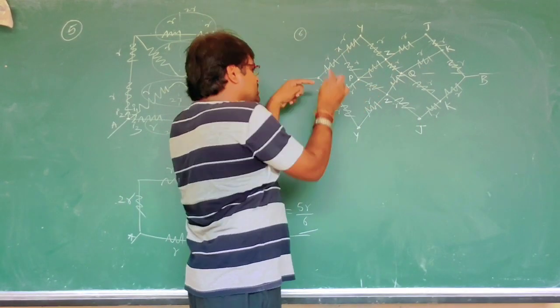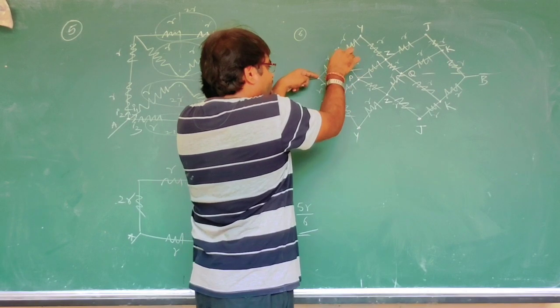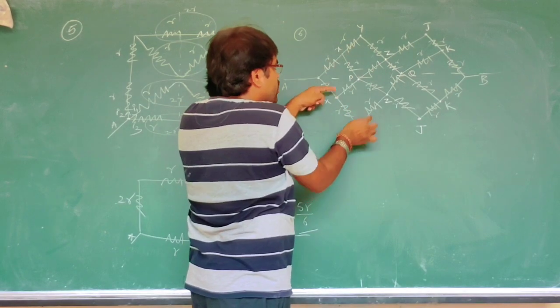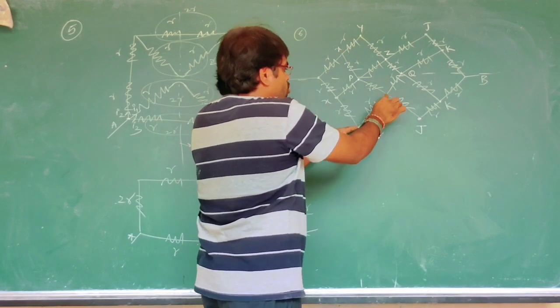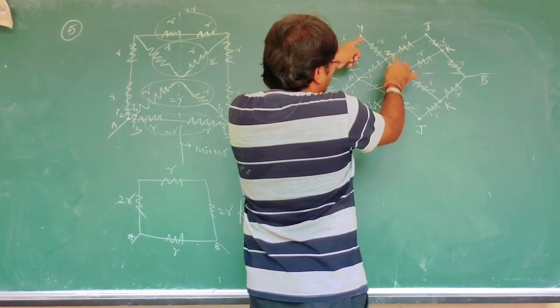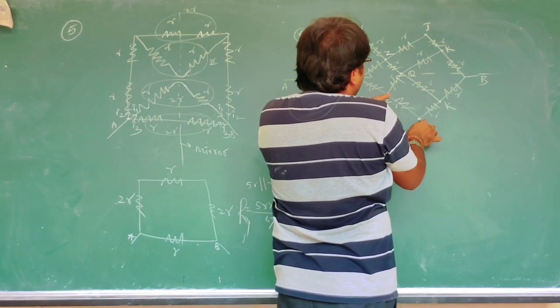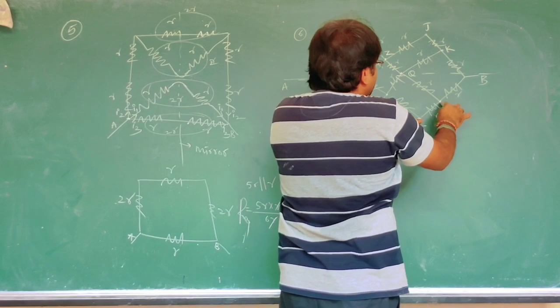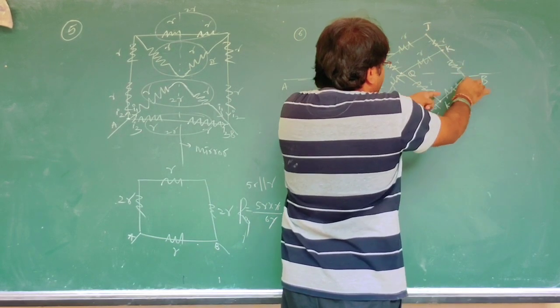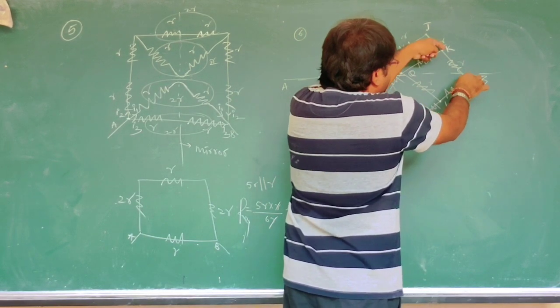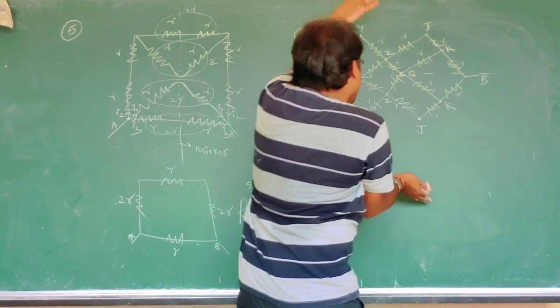Folding it: AX, XY, YZ, ZJ, ZK, KB. It's folding it.